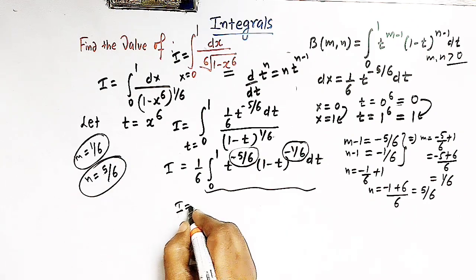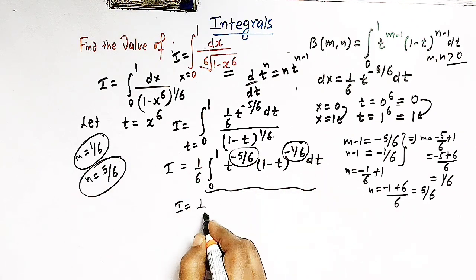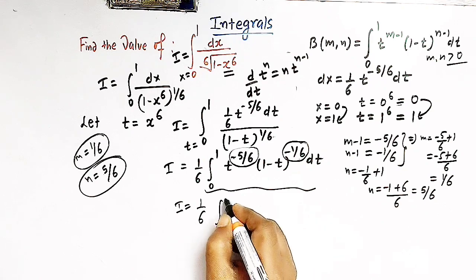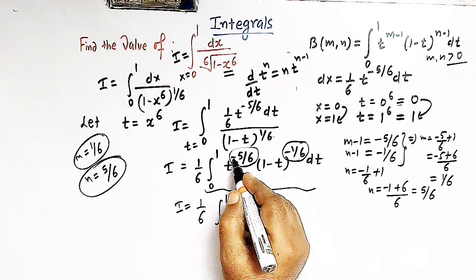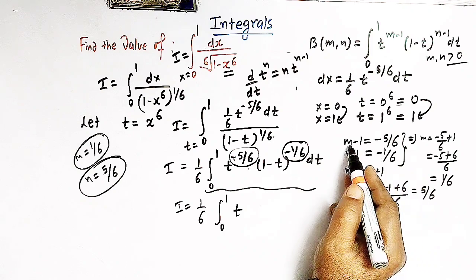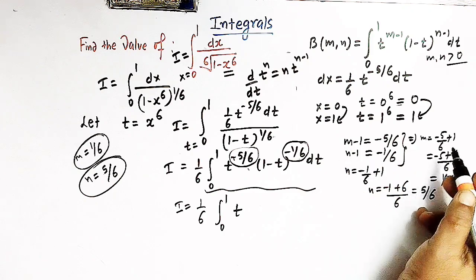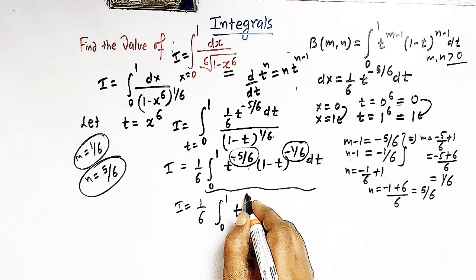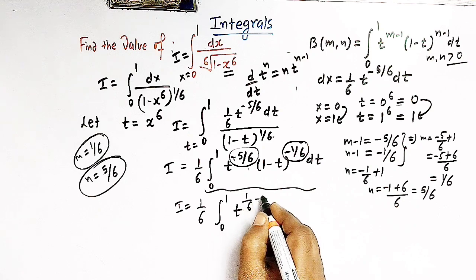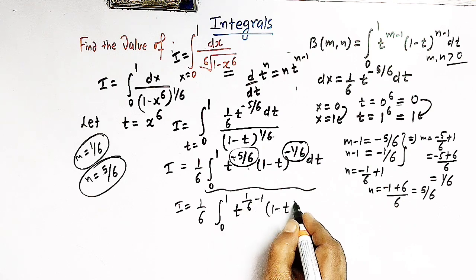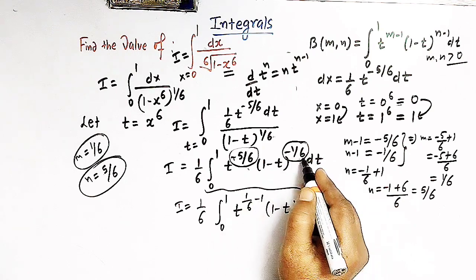So now we can write this integral as 1 over 6, integral from 0 to 1, t raised to minus 5 over 6, which is m minus 1, where m is 1 over 6, so 1 over 6 minus 1, and here we have 1 minus t raised to minus 1 over 6.